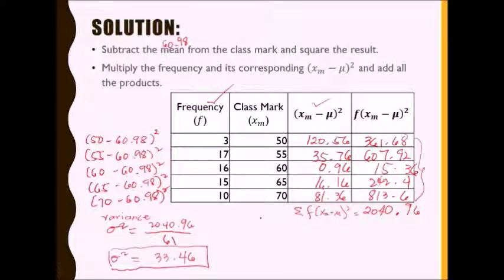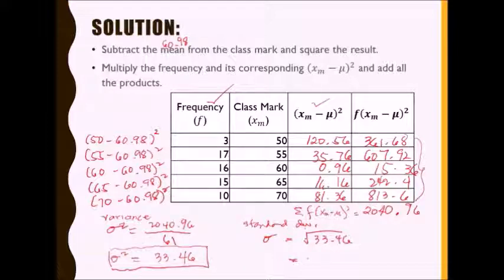Now, for the standard deviation, this no longer has the square, because we are to get the square root. So we will get the square root of 33.46 and the resulting number will be our final answer. Let me just compute this. Square root of 33.4583 is 5.78. Let me check if it was not rounded off. Oh, it is still 5.78.